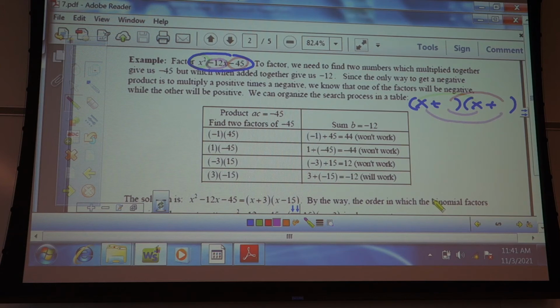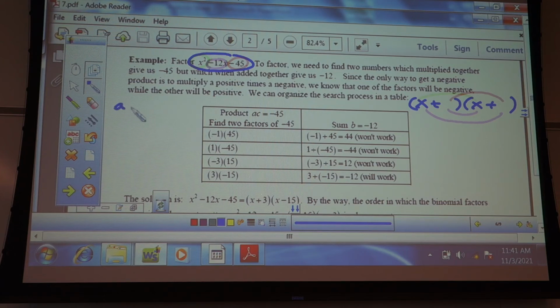So what we know from that is, if we're trying to find these two numbers here, they have to multiply together to give me the negative 45, and add together to give me the negative 12. So I need two numbers that multiply.